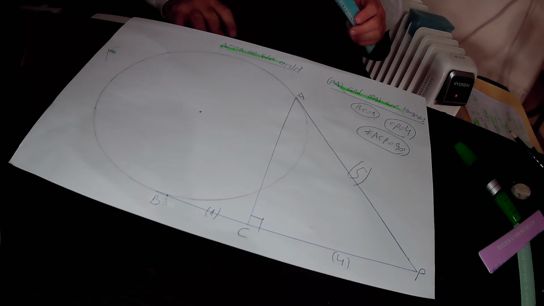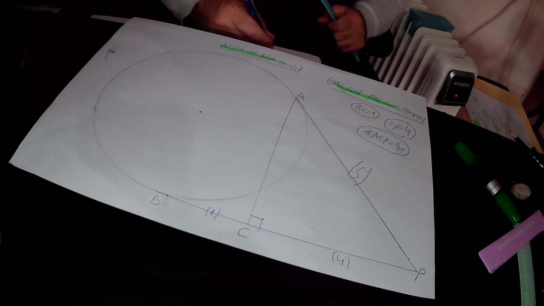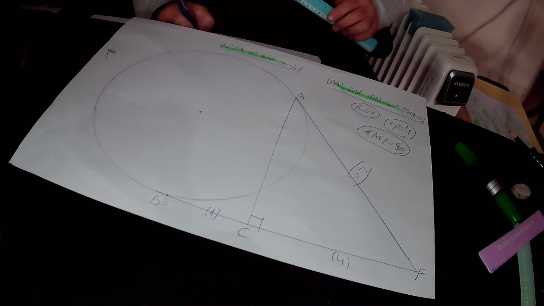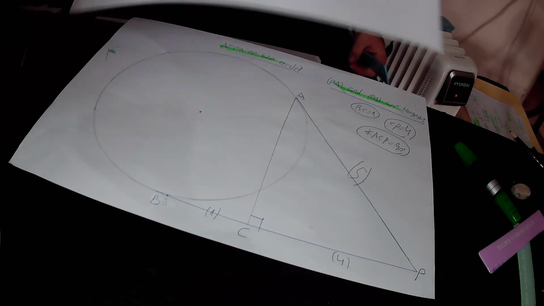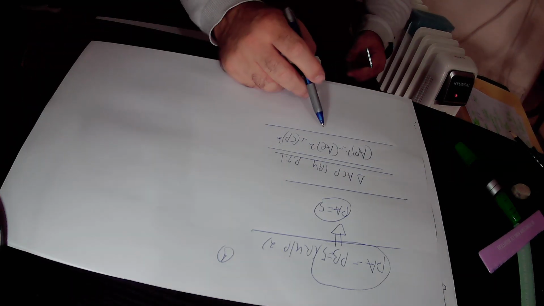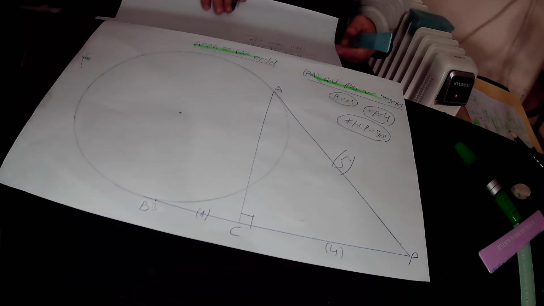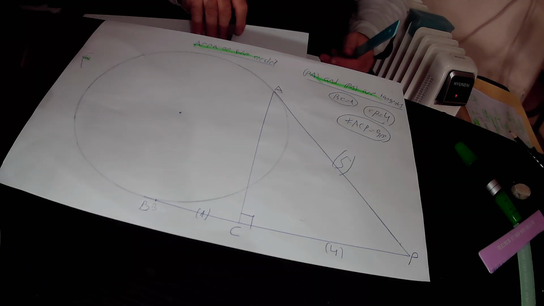In this right triangle ACP, according to the Pythagoras theorem, AP squared, that is the square of the hypotenuse, equals AC squared plus CP squared. AP is 5, therefore AP squared is 5 squared, that is 25.